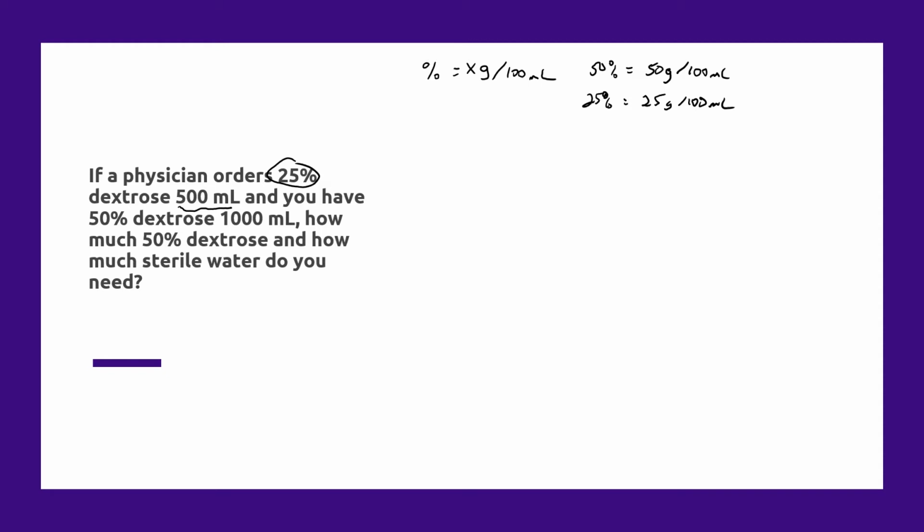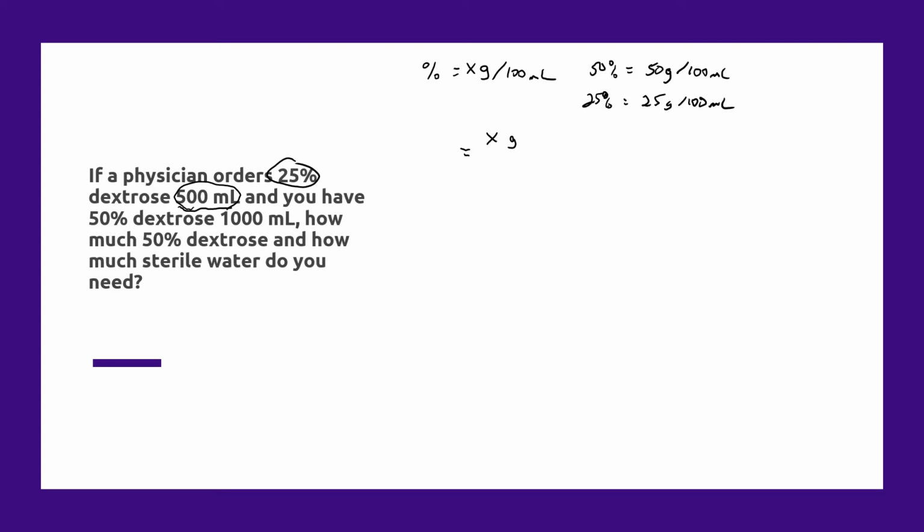Now, if I'm going to use proportions, the first thing I'm going to do is figure out how many grams of dextrose there are in our final order of 500 milliliters. To do this, I always set up proportions with what we're trying to solve for in the numerator on the right-hand side.